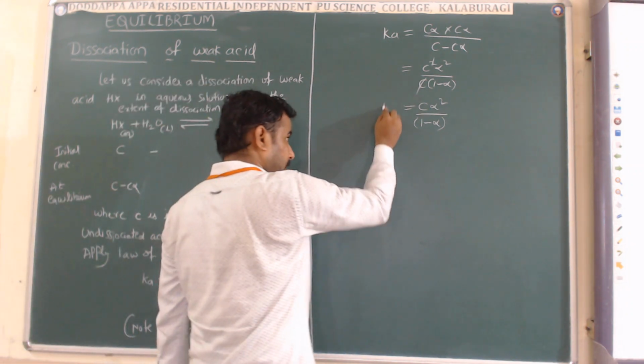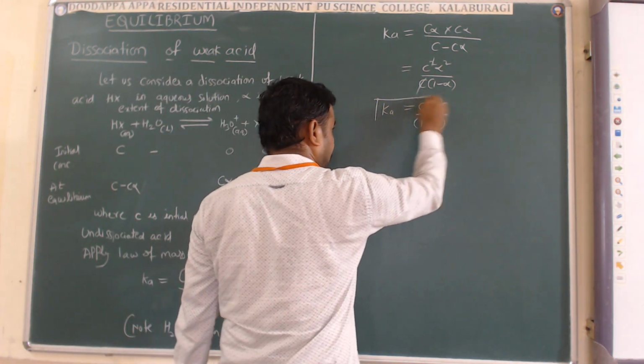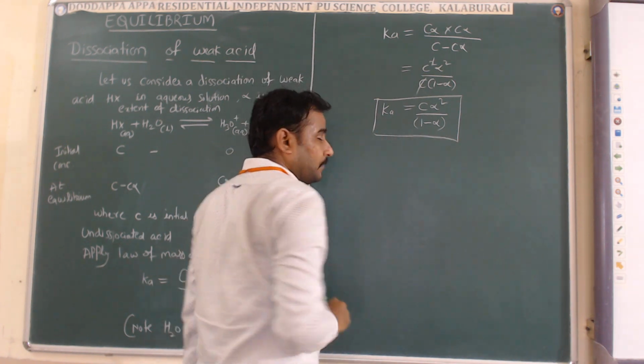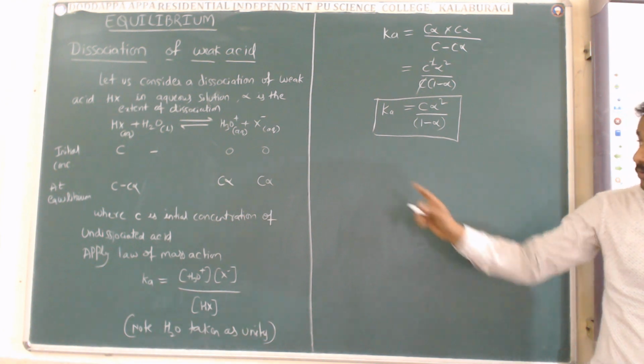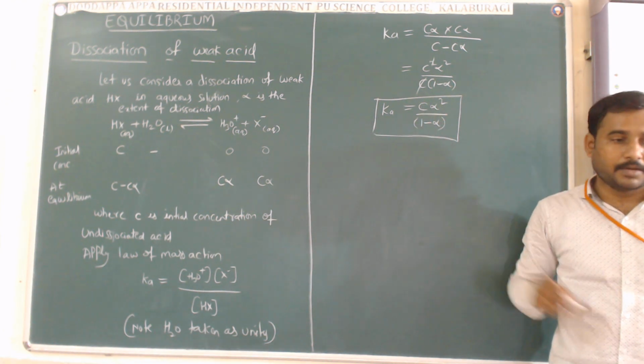This is the dissociation of a weak acid formula: Ka is equal to C alpha square divided by 1 minus alpha.